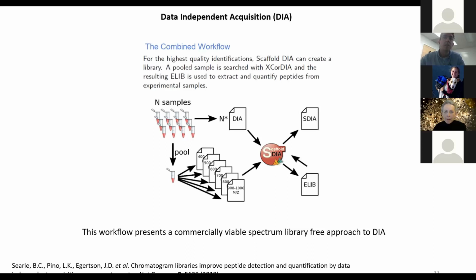And this is very attractive because from the experiments we've done, we've seen fantastic sensitivity with minimal overhead and really no concerns related to library generation. And again, this pipeline is made possible by Scaffold DIA in our lab. And I put a reference down there. Absolutely go read. Any references you see here, I've thoroughly enjoyed reading.